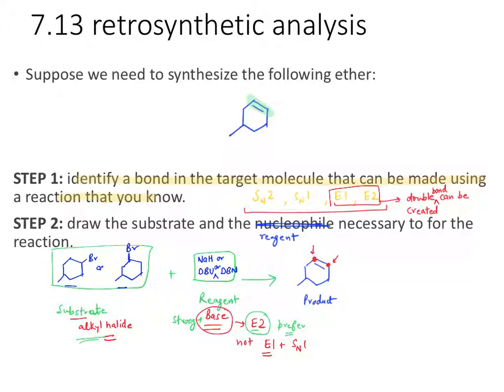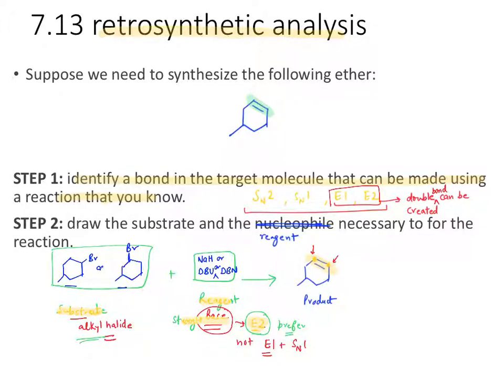So what we have done here is that we have thought backwards, how this double bond could be created, and we thought about E2 reactions and the substrates that are needed for E2 reactions. So often when we talk about retrosynthetic analysis, when we think backwards, we actually draw the product on the left hand side of the equation.